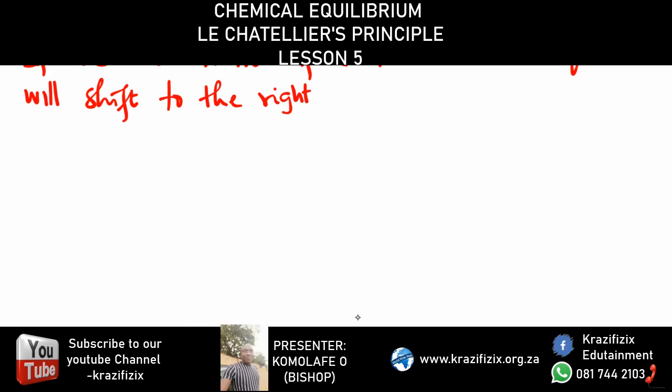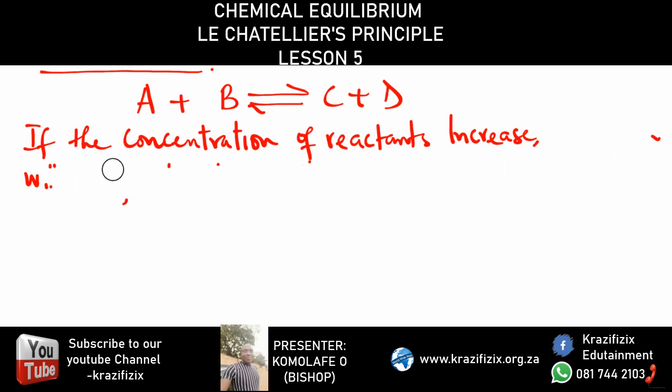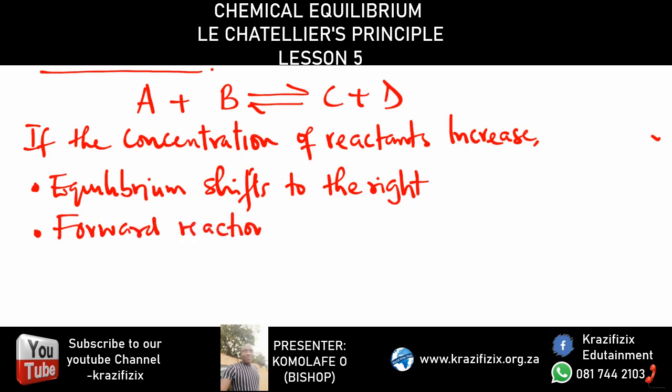I hope that explanation makes sense. So let's go back to the note. If the concentration of reactants is increased, one, equilibrium shifts to the right. Remember, our change is actually from the left. The forward reaction is then favored.